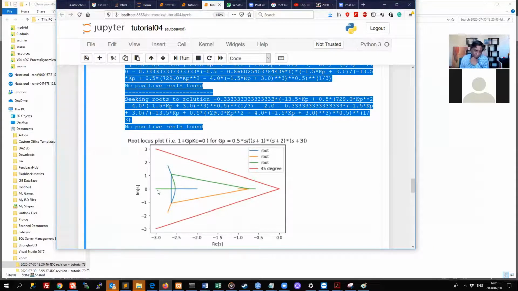But we have this point -3, and we know that we move off on pi by 2 and on 3 pi by 2. So we have -3, pi by 2, and 3 pi by 2. And so our locus starts moving in like this, but eventually it's going to be attracted in that way.